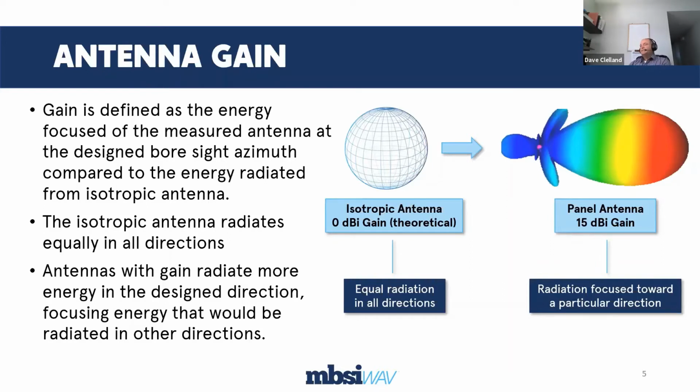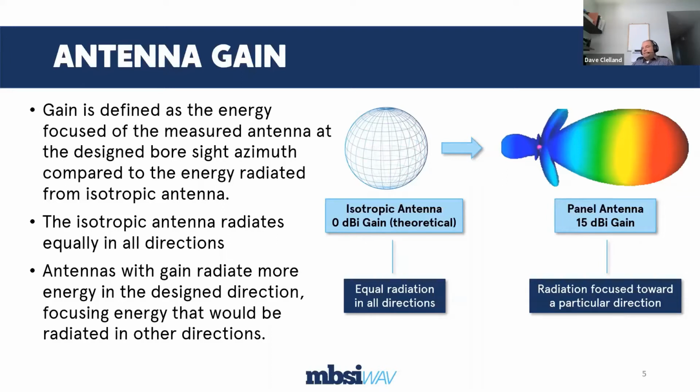And the reason an isotropic antenna is theoretical is, of course, because the radiating element has to be infinitely small in order for the radiation to be equal in all directions. So this theoretical isotropic antenna is what all antennas are compared to.